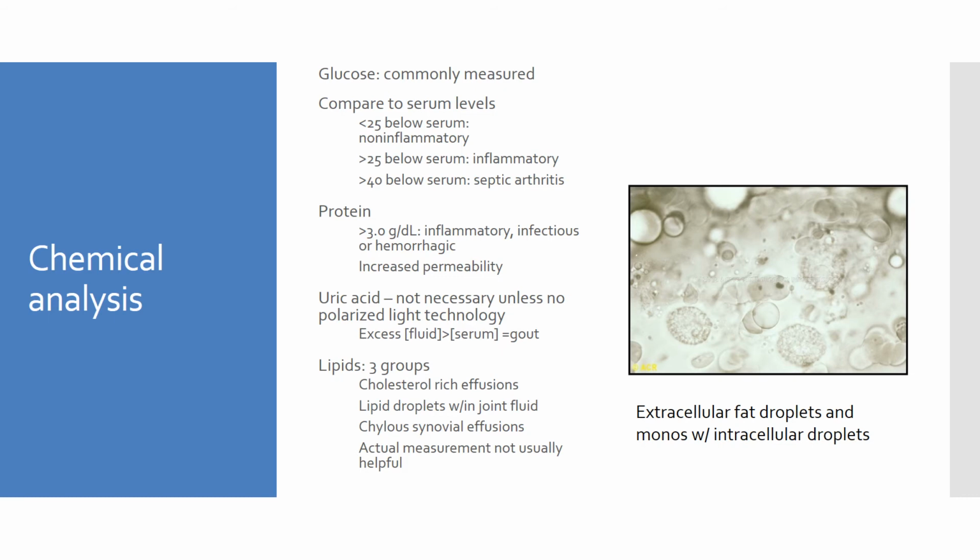We do occasionally do uric acid levels. Usually it would be done if there's no polarized light microscopy present. They do the uric acid and compare it to your serum level, and that helps the physician to identify gout.